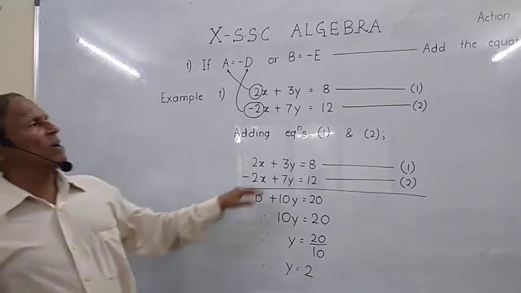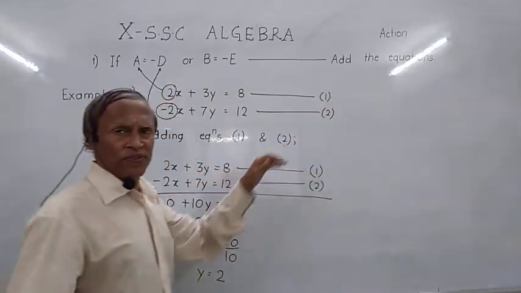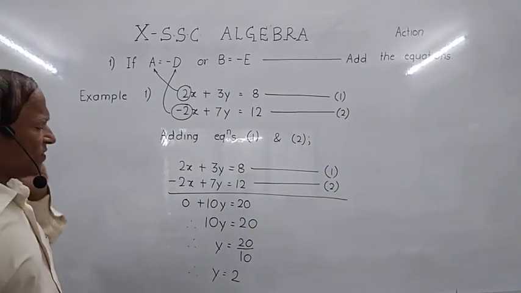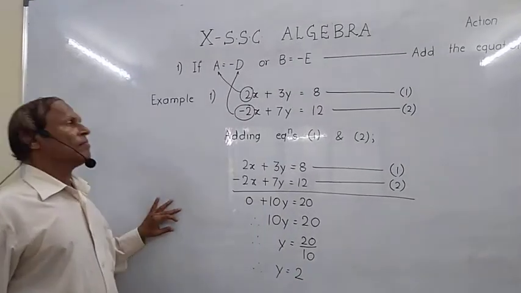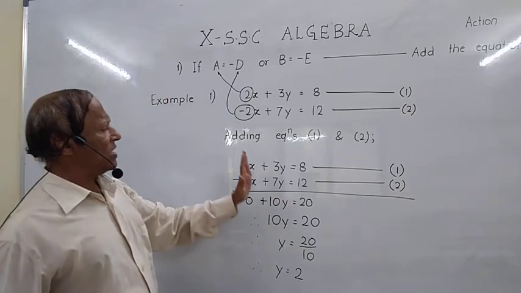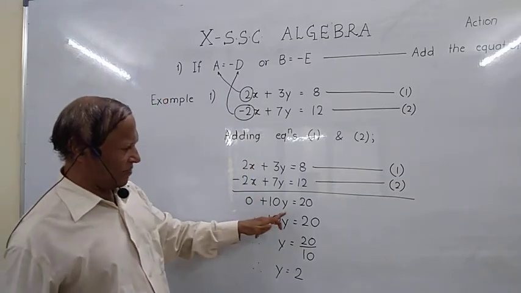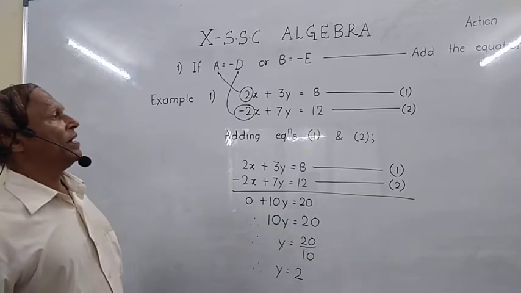See now, our main action, add the equations, has served one purpose. What is the purpose? We have got one of the variables. Our one variable has got eliminated. X has got eliminated. Only y has remained. And we have been able to solve for y.